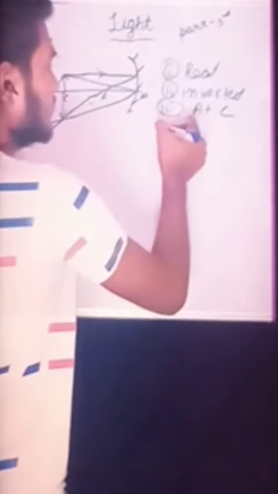It is formed at C, and now we have to see the size. I told you that whenever the image is formed in front of the object, then it is smaller than the object, and whenever it is at the same position as the object, then it is the same size as the object. And whenever it is beyond the object, then it is larger than the object.